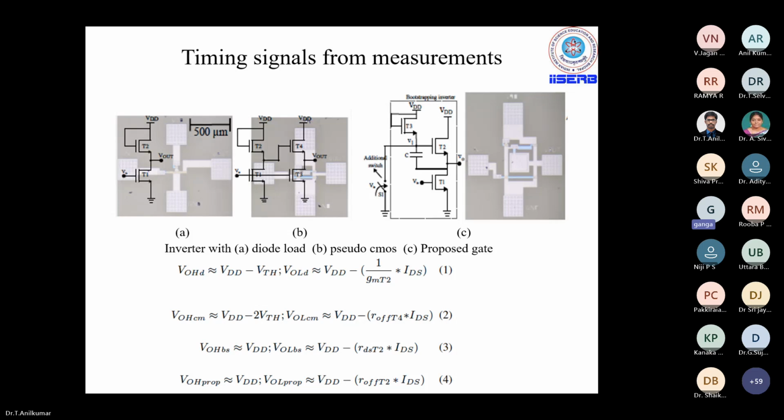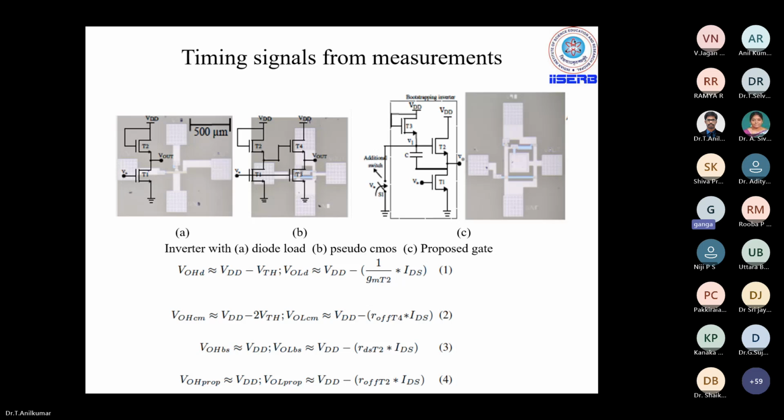So it is as good as a CMOS design, but of course here everything is being implemented with NMOS transistors, so we call it a pseudo CMOS structure. Here the beauty is we can get strong logic 0, as we can see in equation 2, but logic 1 is being compromised. Logic 1 is equivalent to VDD minus 2 VTH.